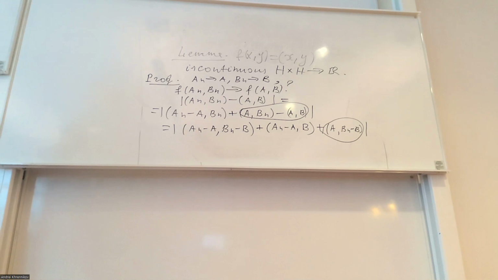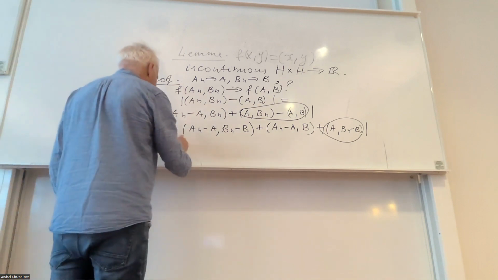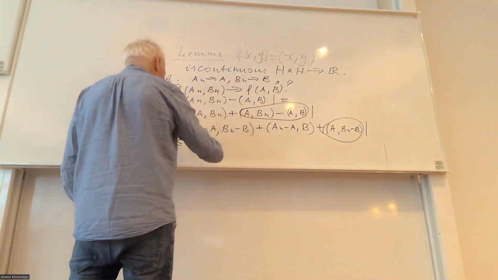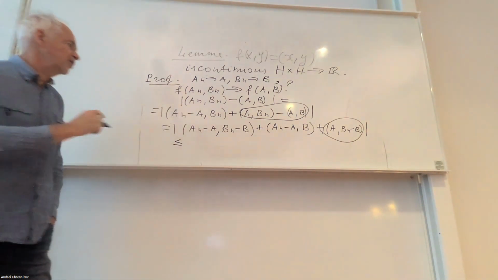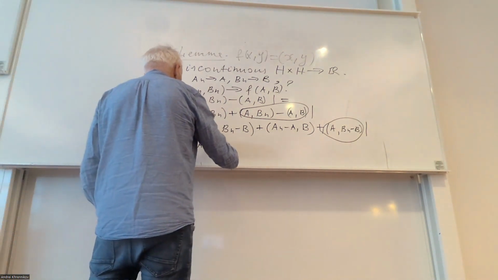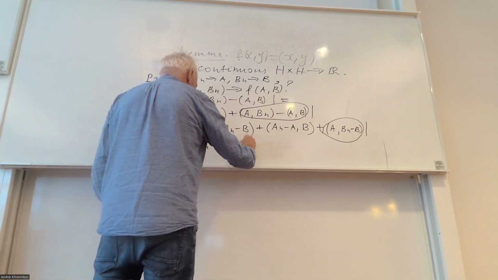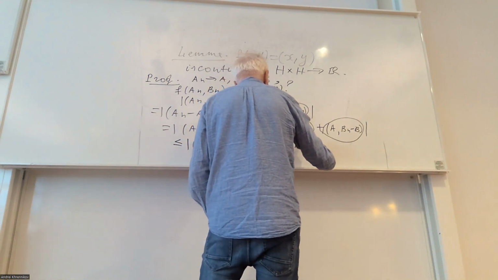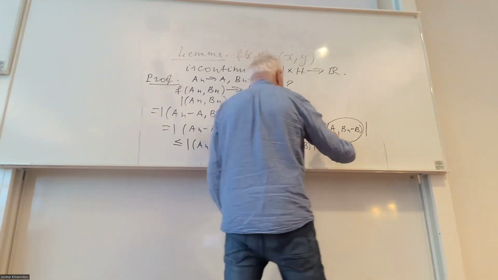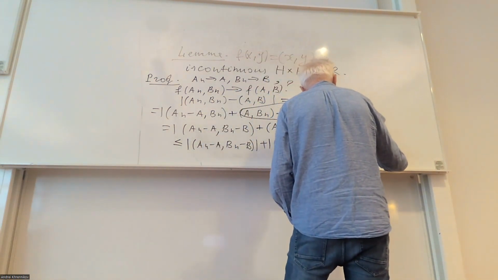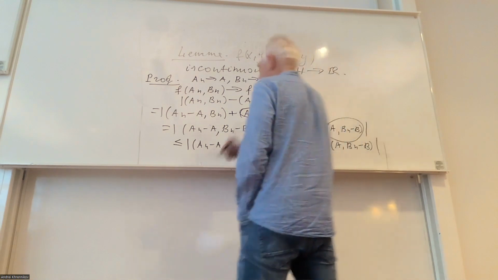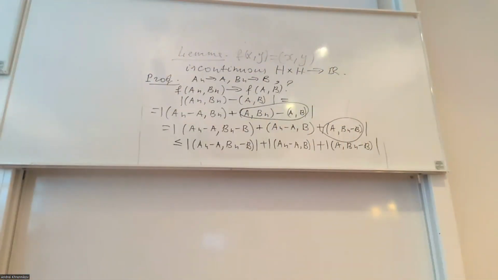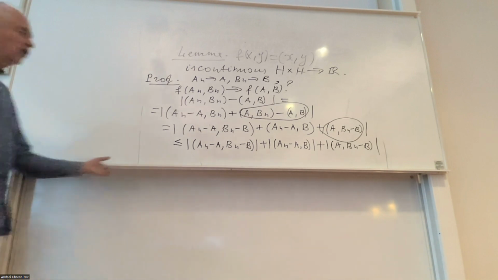I use the triangle inequality for the usual absolute value. It is less than or equal to the absolute value of an minus a, bn minus b, plus the absolute value of an minus a, b, plus the absolute value of a, bn minus b. And now for all these scalar products, I apply the Cauchy-Bunyakovsky-Schwarz inequality.